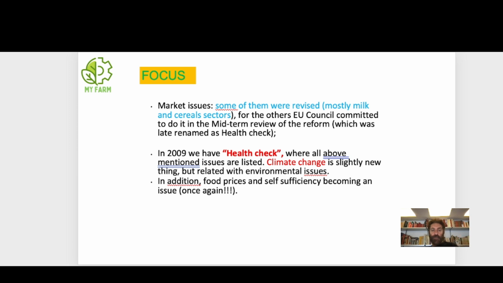There was also an increase in modulation, so funds were transferred from direct payments to the rural development budget, which provided more financial resources to help the transition of the agricultural sector to tackle new challenges: climate change, water management, renewable energy, biodiversity, and so on. And the abolition of milk quotas, which completely ended in April 2015.